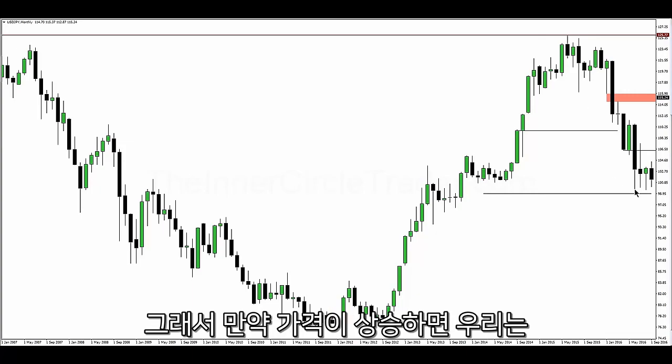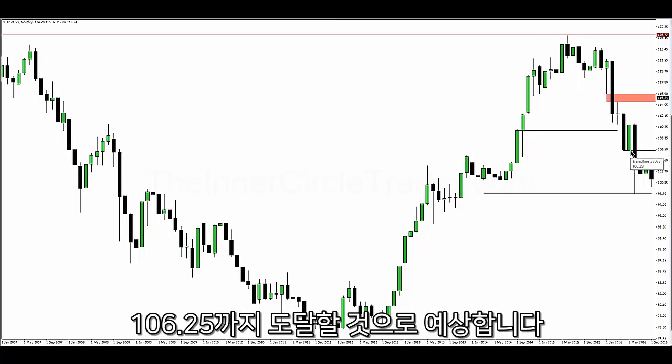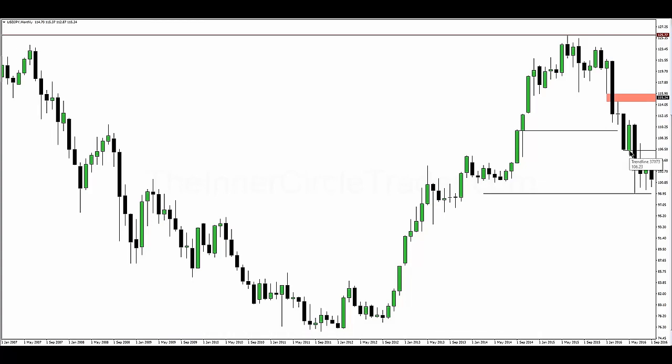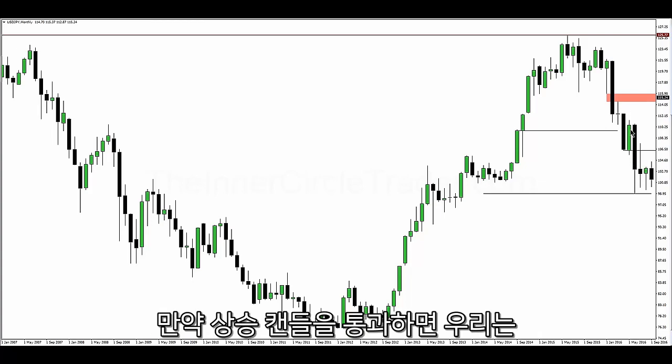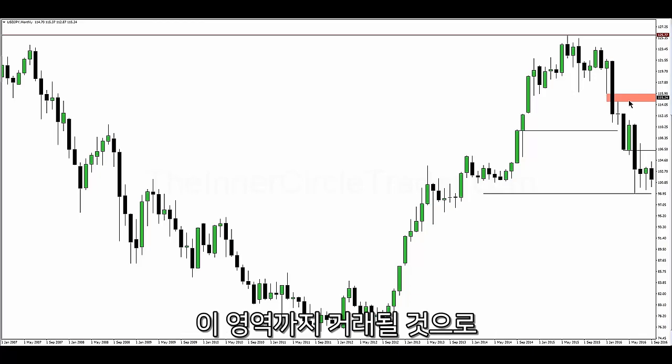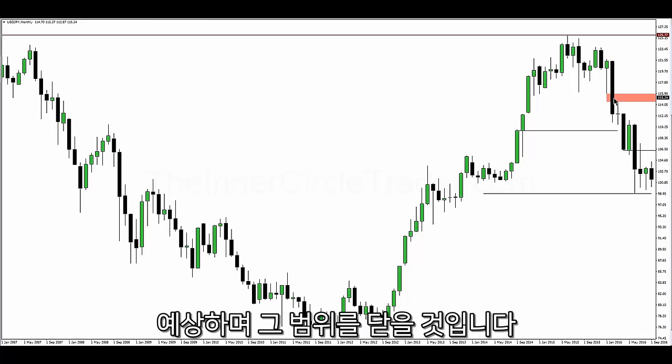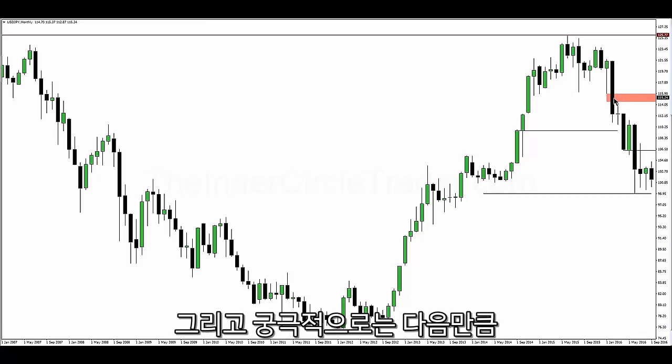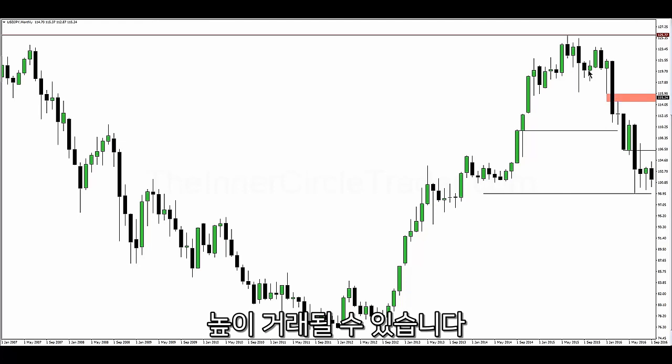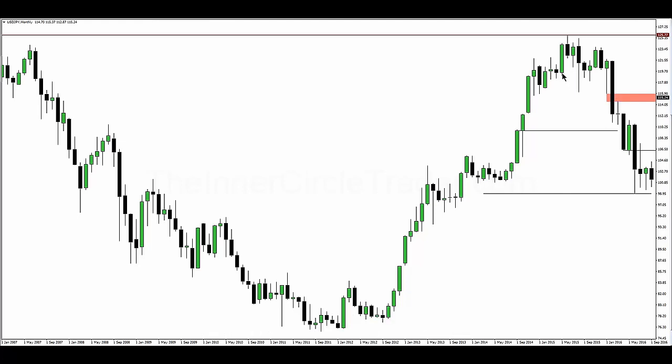So if we see price trade up, we would expect it to reach up into 106.25. If it gets through the up candle, we would be expecting it to trade up into this area here, closing that range. And then ultimately it could trade as high as this candle's low, 118.86.